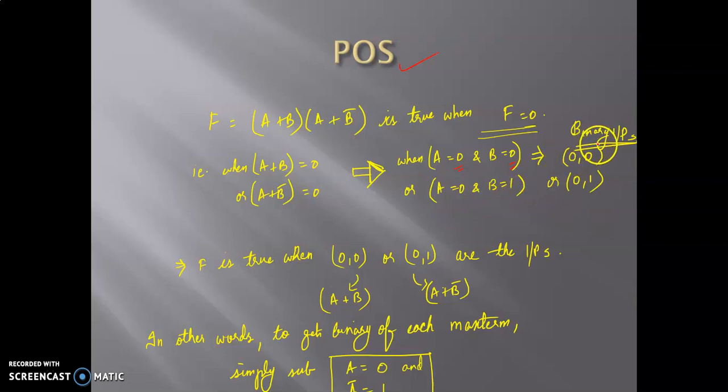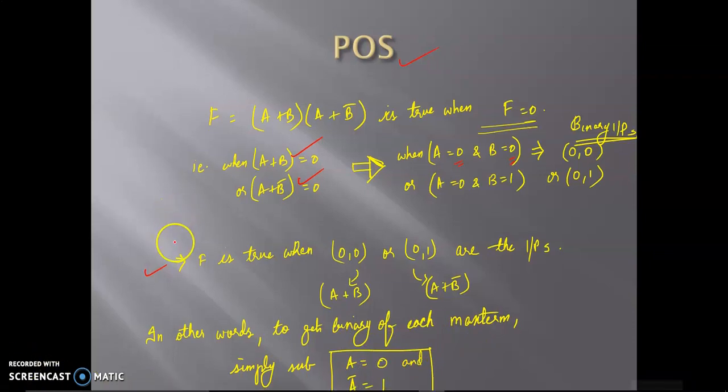Or in other words, we can say that the binary input should be either 0, 0, that is the a plus b case, or 0, 1, the a plus b bar case. That is what is written here. F is true when either 0, 0, that is a plus b, or 0, 1, that is a plus b bar, are the inputs. In other words, to get the binary of each max term, you simply substitute each of the literals by its true form equal to 0 and its complemented form equal to 1.